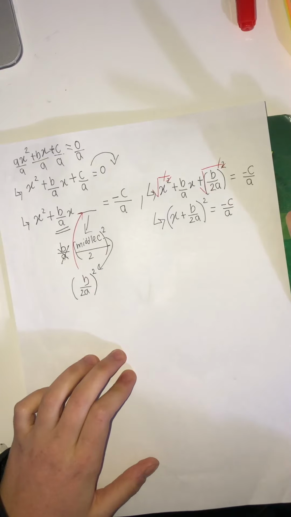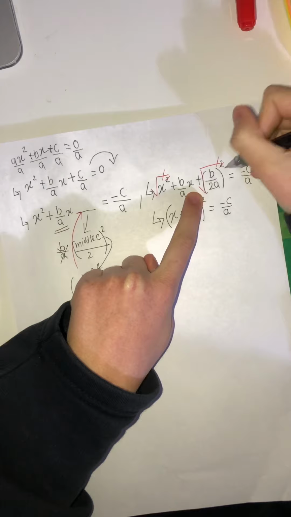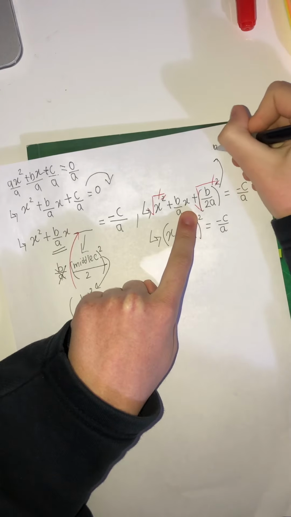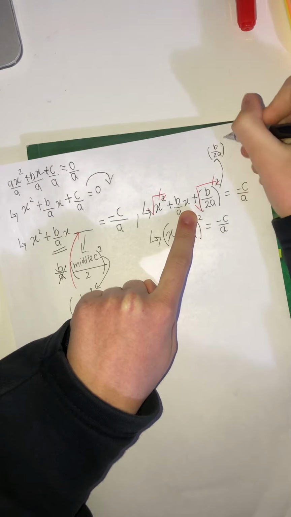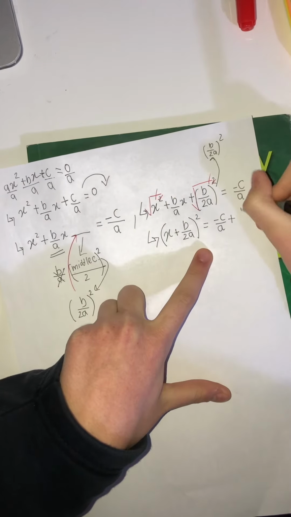But I forgot to mention that you have to add this term, (b over 2a)², to both sides, this side and that side. So we have to add this.